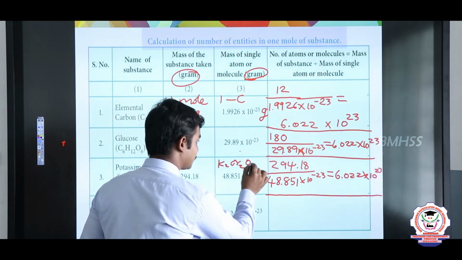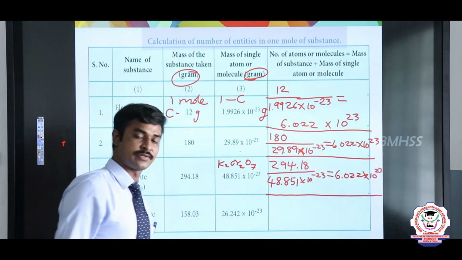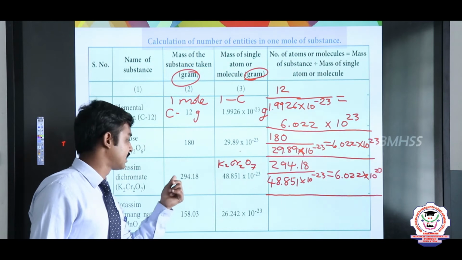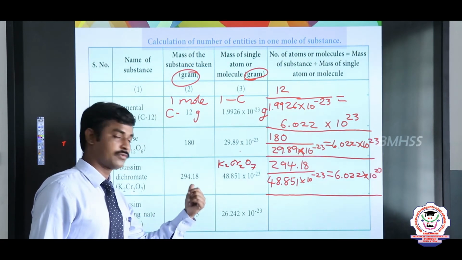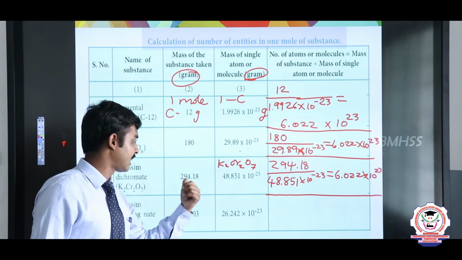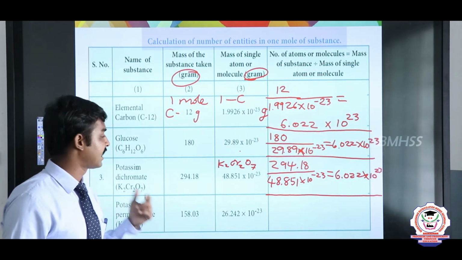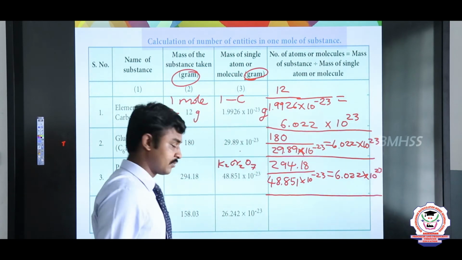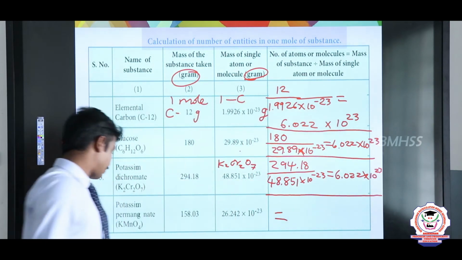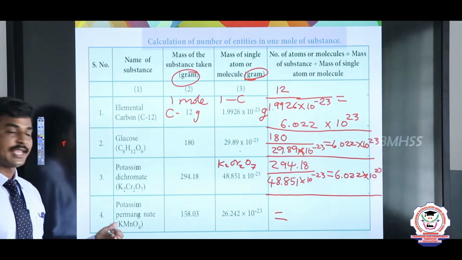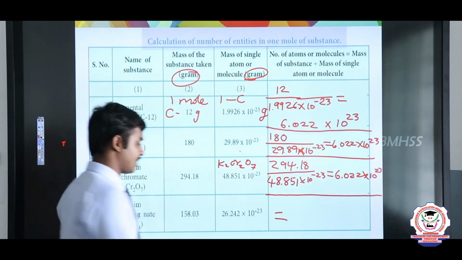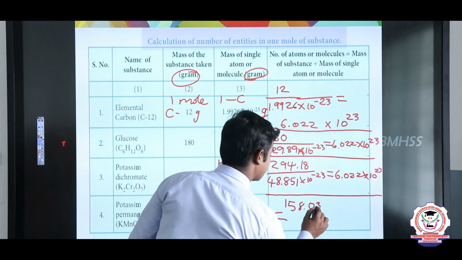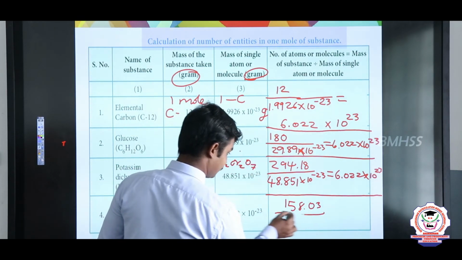One molecule of K2Cr2O7 is given in this, and 1 mole of potassium dichromate is 294.18. So, it also gives the same value, and the final one, potassium permanganate KMnO4, also gives the same values, where the mass of 1 mole of potassium permanganate is 158.03.